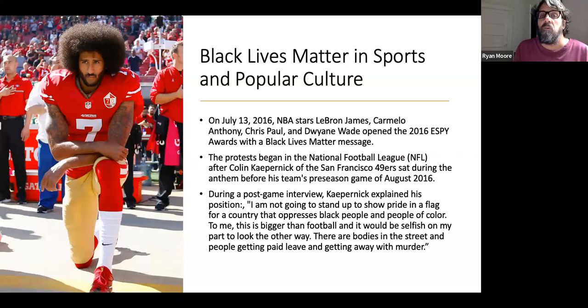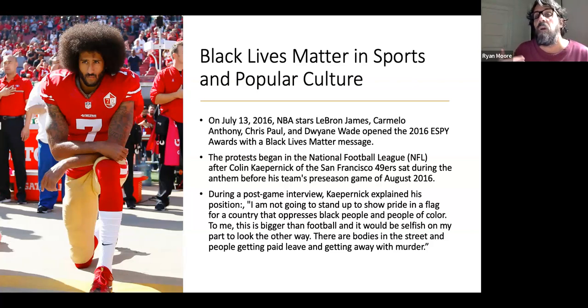At this time, also, in sports and popular culture, again, we see the NBA stars like LeBron James, Carmelo Anthony, Chris Paul, Dwyane Wade. They opened the ESPY Awards with a Black Lives Matter message. Players would take the court with various things written on them in support of Black lives, or come out of the tunnel with their hands up.